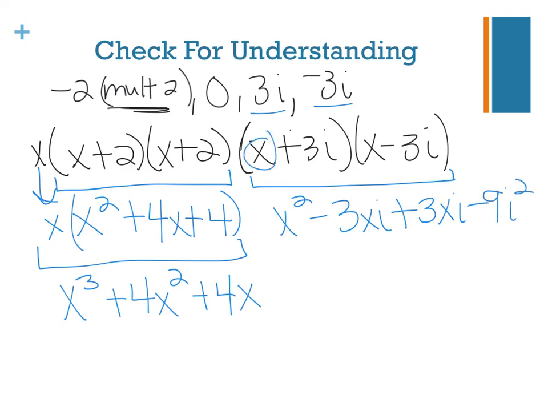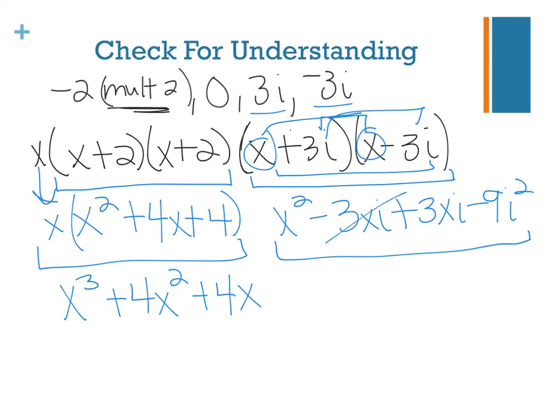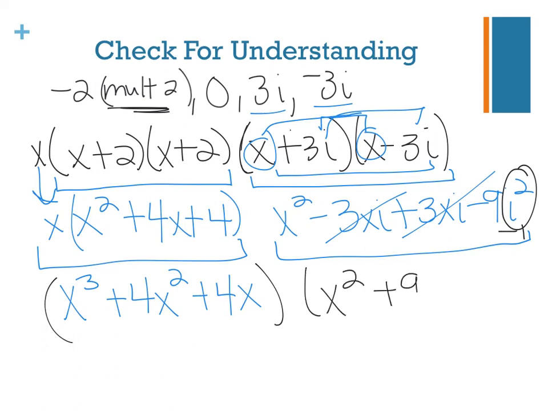So first, outer, inner, and last give me this expression. The negative 3xi and the positive 3xi cancel. i squared is the equivalent of negative 1. So I end up with x squared plus 9.